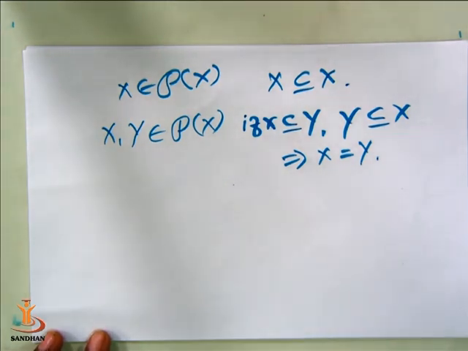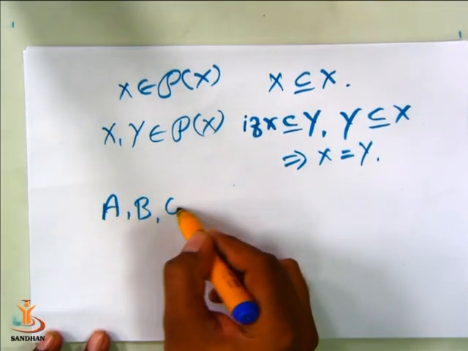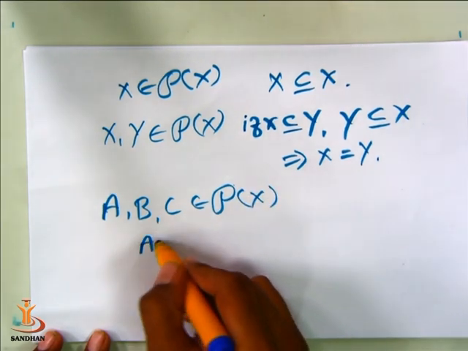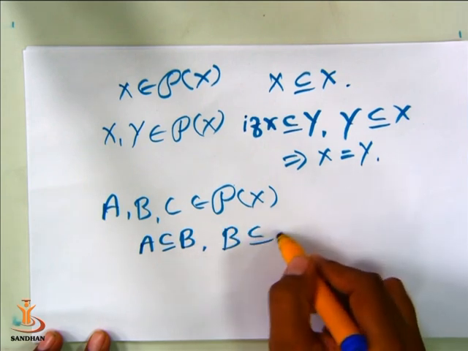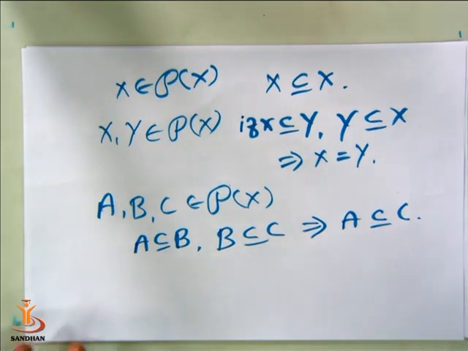The third condition is that if we have elements A, B and C from the power set of X, with A a subset or equals to B and B a subset or equals to C, then that implies A is a subset of C. Again, this is an easy exercise of set theory.